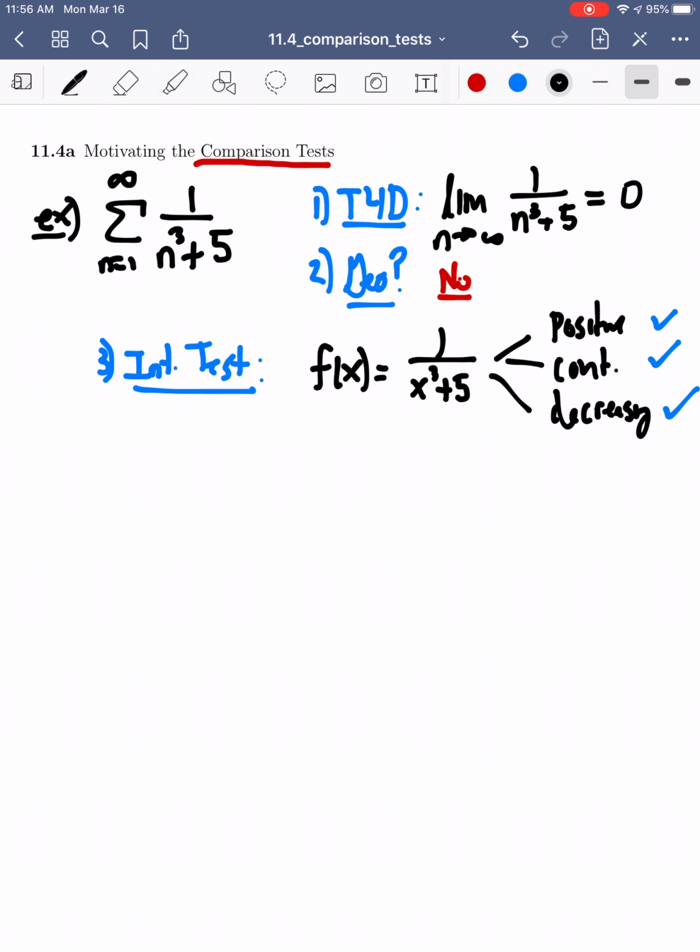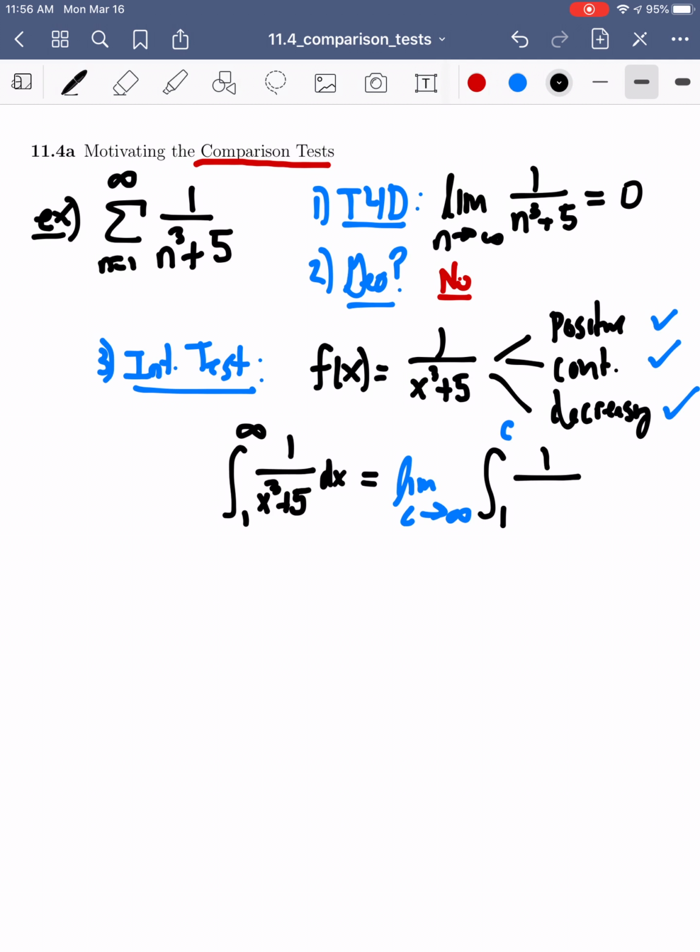So if we actually dive right into integral test, we take the integral from 1 to infinity of 1 over x cubed plus 5. We introduce the limit to take care of that infinite bound. We immediately then see we are stuck in a pickle.